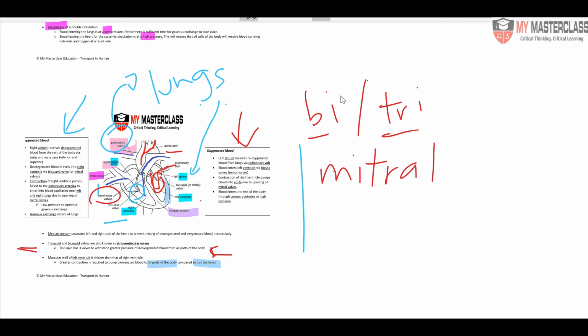Such people, most of the time, are unable to perform a variety of intense exercises, depending on the severity of the hole in the heart. When there is exchange of your deoxygenated and oxygenated blood, that will result in the individual having a decrease in oxygenated blood, which will affect your respiration.